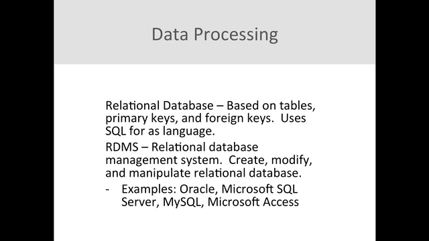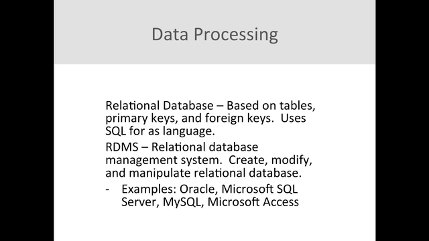We're going to discuss now a little bit about data processing. Again, we defined data processing earlier. We're going to give you some examples of data processing systems here. First, we have to define relational database, because essentially all enterprise data processing systems in use today rely on a relational database, which is based on tables, primary keys, and foreign keys.